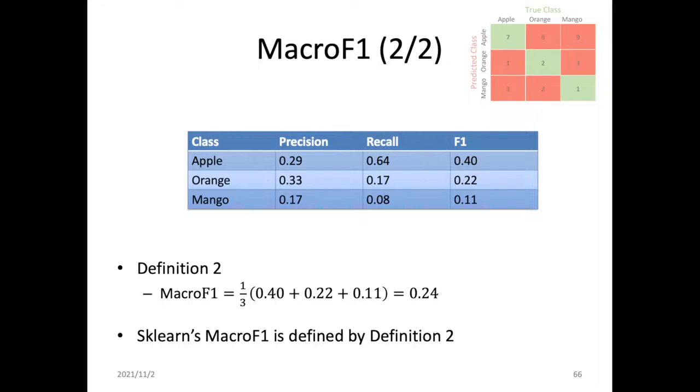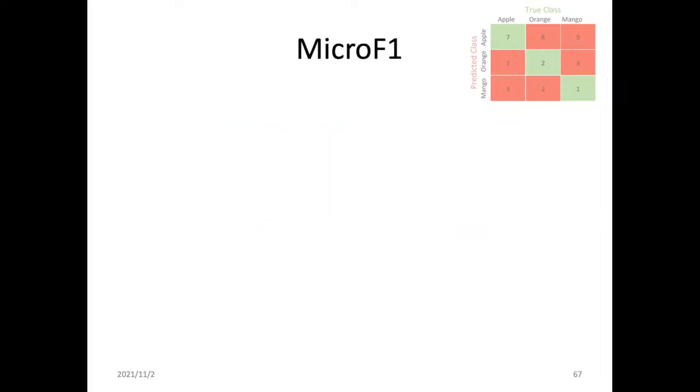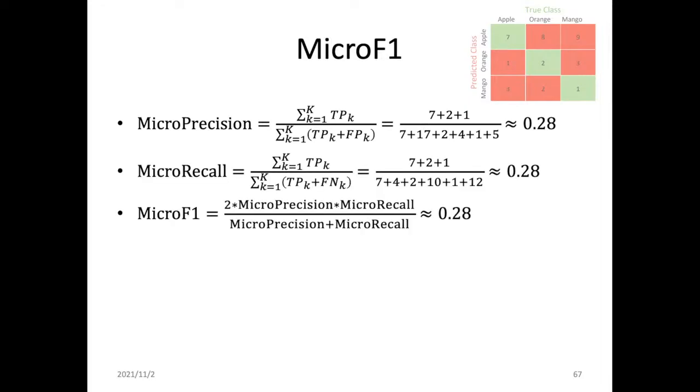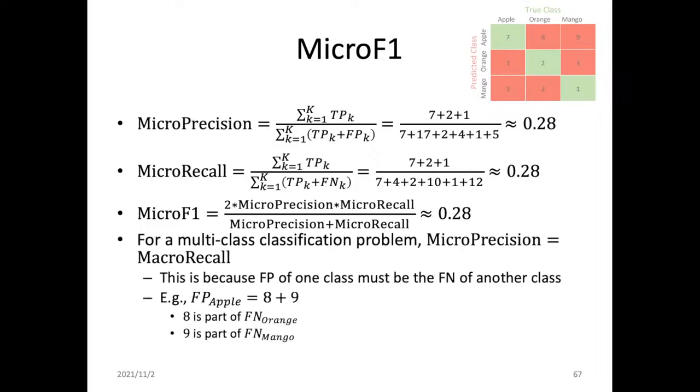Okay, so there's two different definitions of macro F1 score. Now let's discuss micro F1. We know how to compute micro precision and micro recall, right? So micro F1 can just be 2 times harmonic mean of micro precision and micro recall.